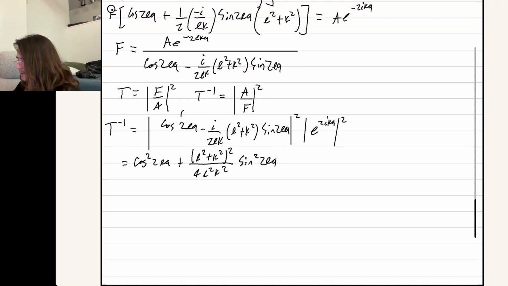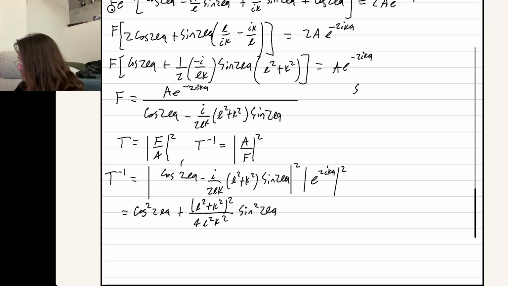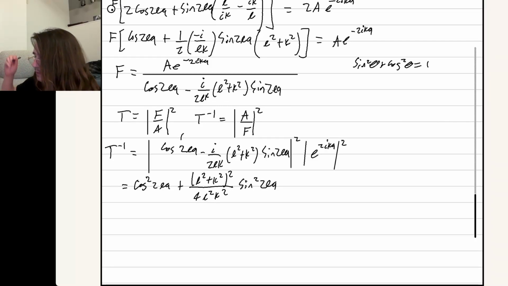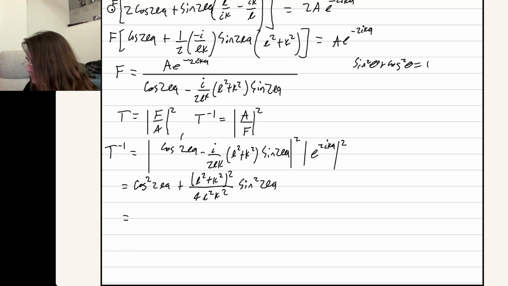And then using the fact that we know that sine squared theta plus cosine squared theta equals 1, we can write cosine squared 2la as 1 minus sine squared 2la and collect it all into one term. So this is going to be 1 here. And then in brackets, let's have l squared plus k squared all squared over 4l squared k squared, minus 1.